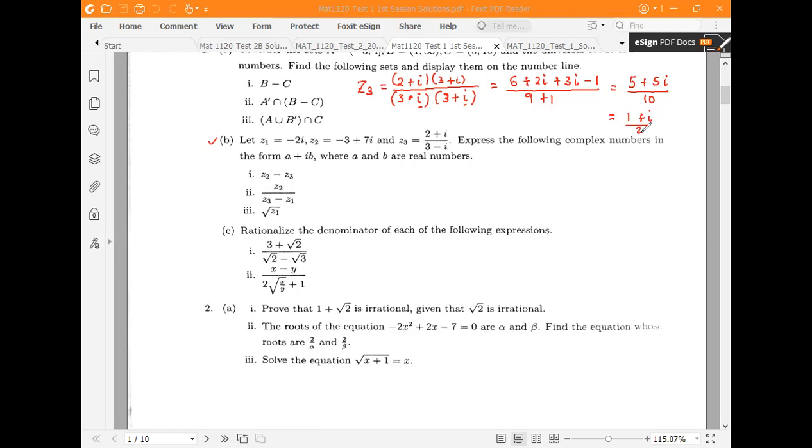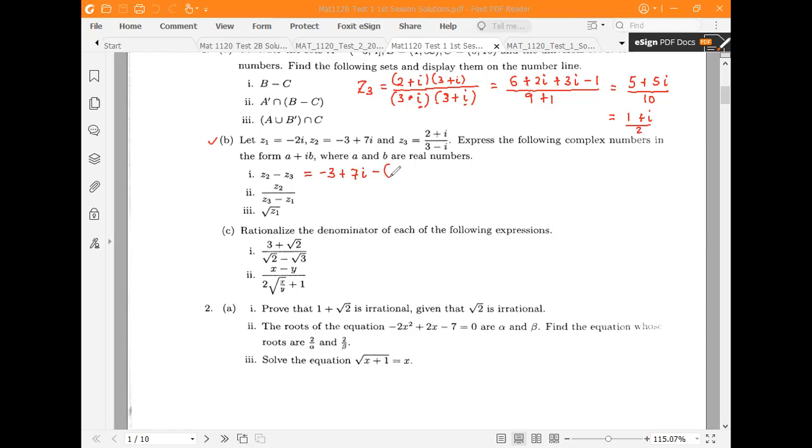So that when we come to Z2 minus Z3, Z2 is minus 3 plus 7i minus Z3.